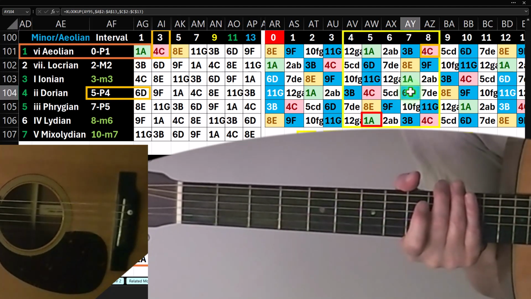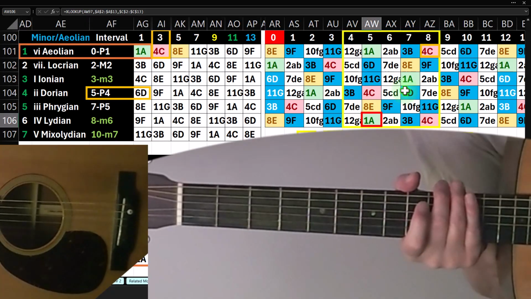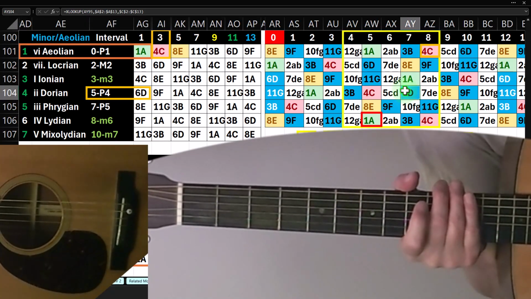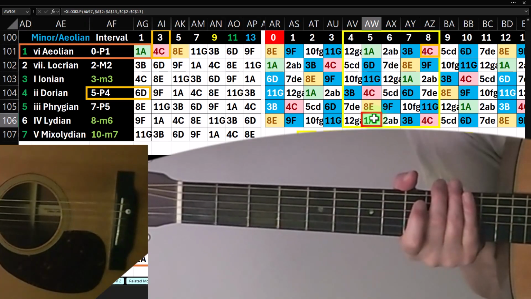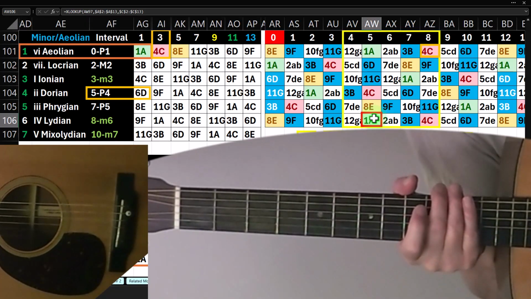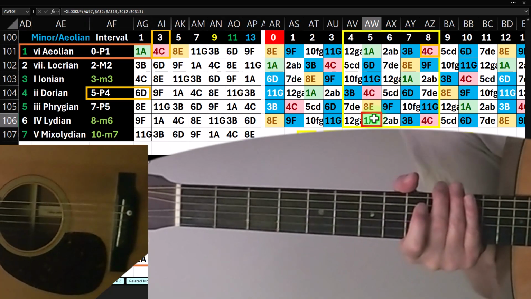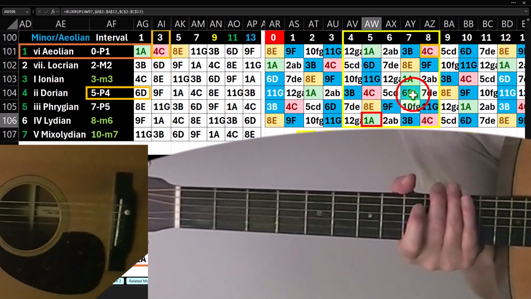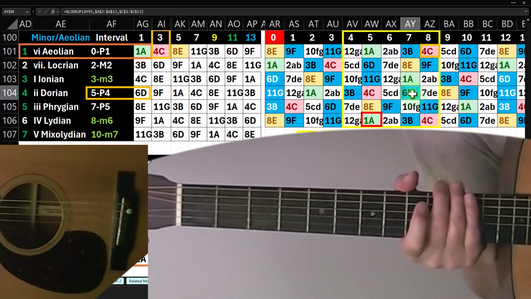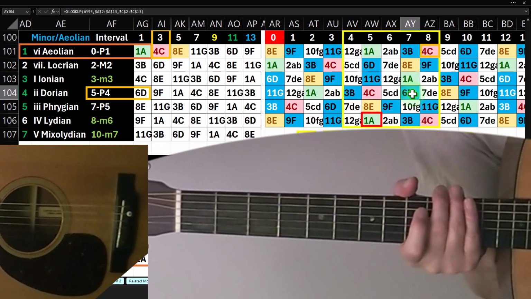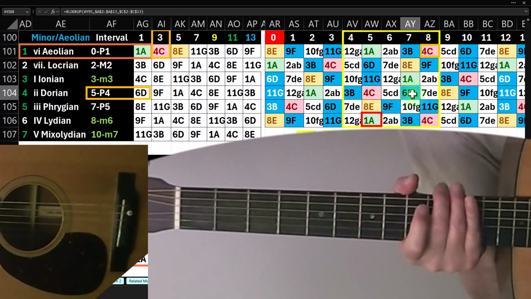I don't want to see the distance between A and D, because that's not movable. What is movable is that it is looking at the Aeolian note in the shape, whatever shape it is, whether I'm playing in Aeolian or minor scale or any other, the Aeolian to the Dorian will always be, no matter what, if I'm playing in C major and related modes or G major and related modes, doesn't matter.